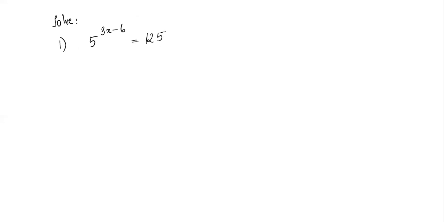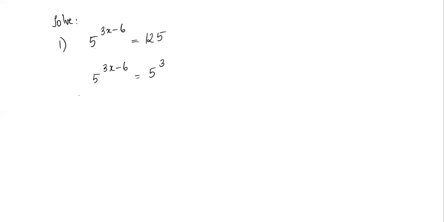The base here is 5, and the right-hand side is 125. So you see a quick connection between the two, right? And that is what we're trying to do. See if 125 can be written as 5 power something. Go ahead and use your calculator or your previous knowledge that 5 cubed is 125.